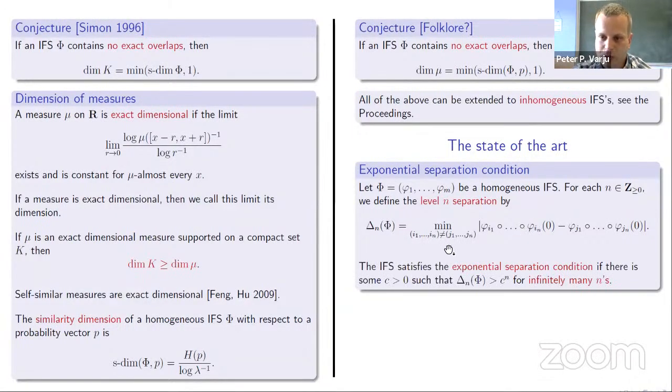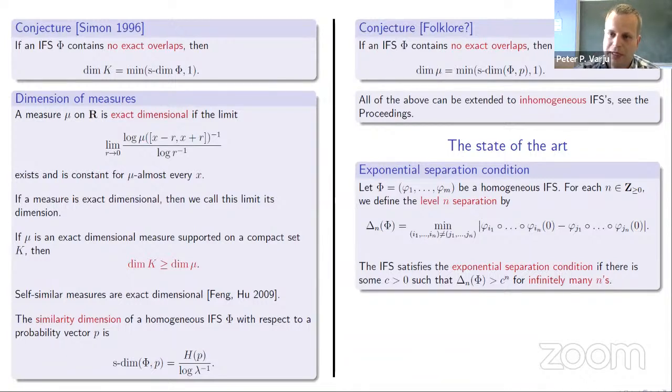There is something called the exponential separation condition, which is much stronger than not having exact overlaps, because you not only require that the level n separation is positive, but you want it to be bigger than something specific, some constant to the n, where this constant can be arbitrarily small. So this is stronger than not having exact overlaps, but actually it is a very weak condition.